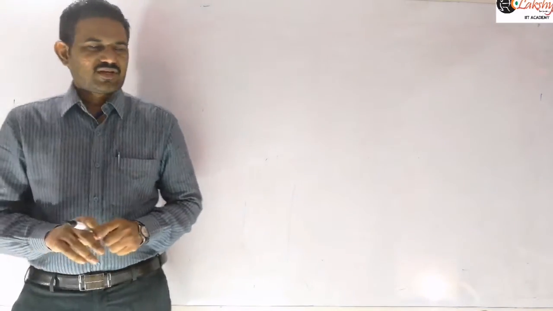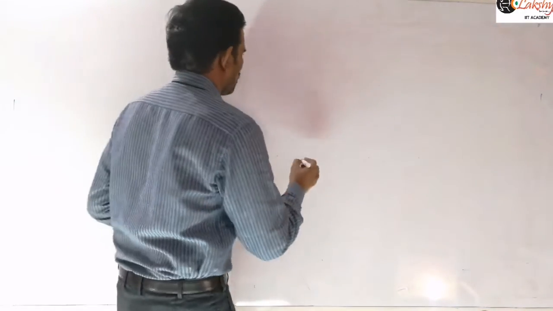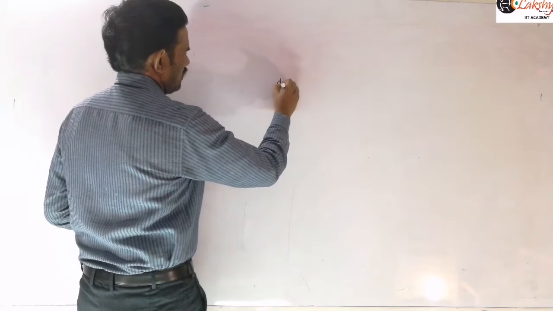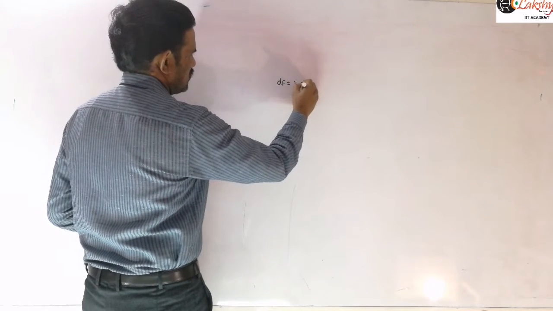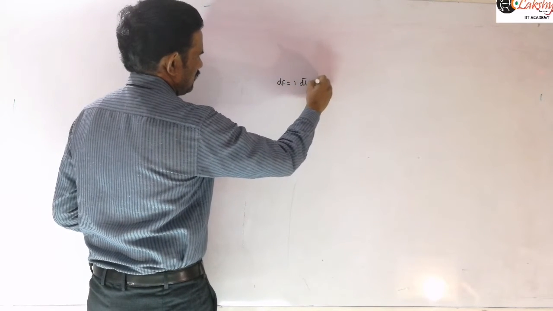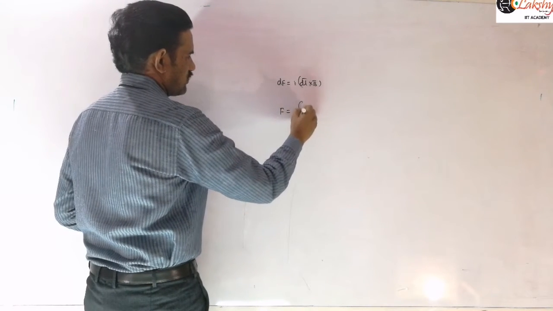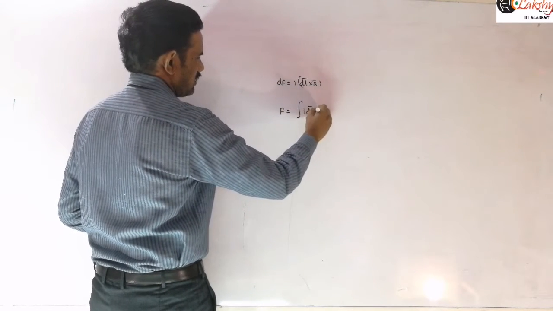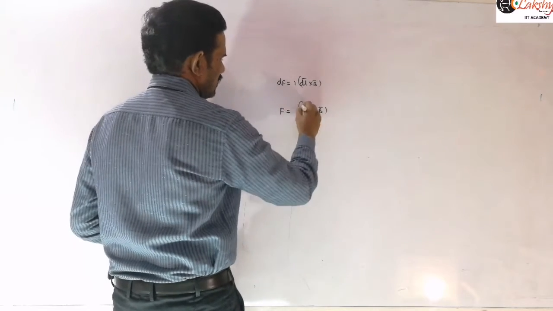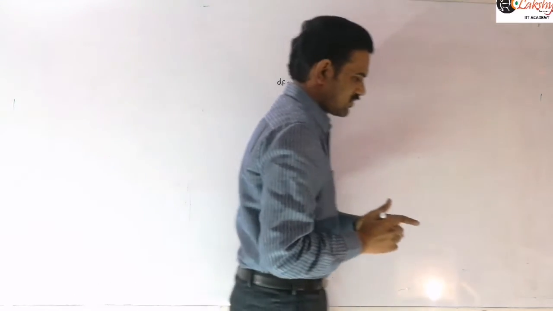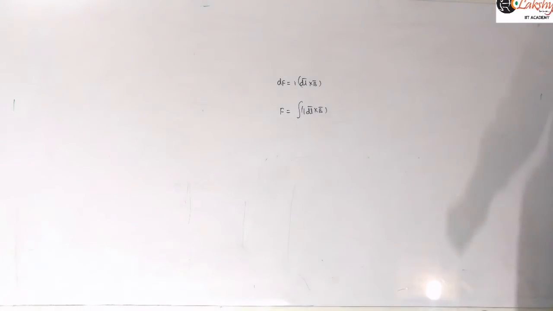So we derived an expression for the force: first we write this as I dl bar cross B bar, and then to find the total force, we integrate this equation I dl bar cross B bar, right? Based on the type of the conductor, we derived the formula.